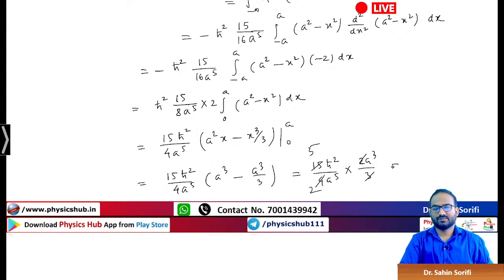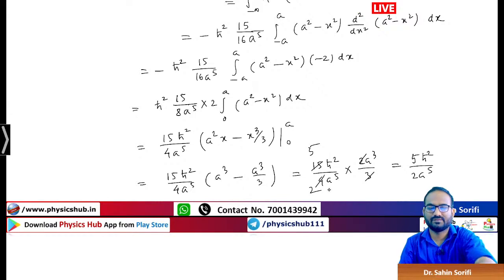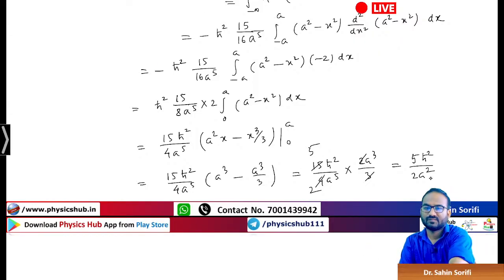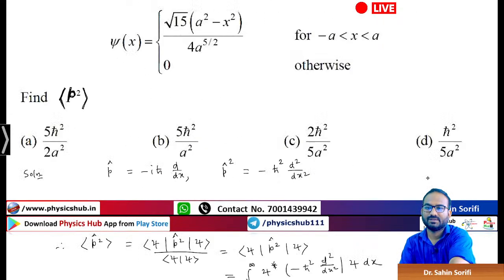So what you are left with: 5 h cut square by 2 a to the power 5 over cube, so it will become a square. Five h cut square divided by 2 a square, option A.